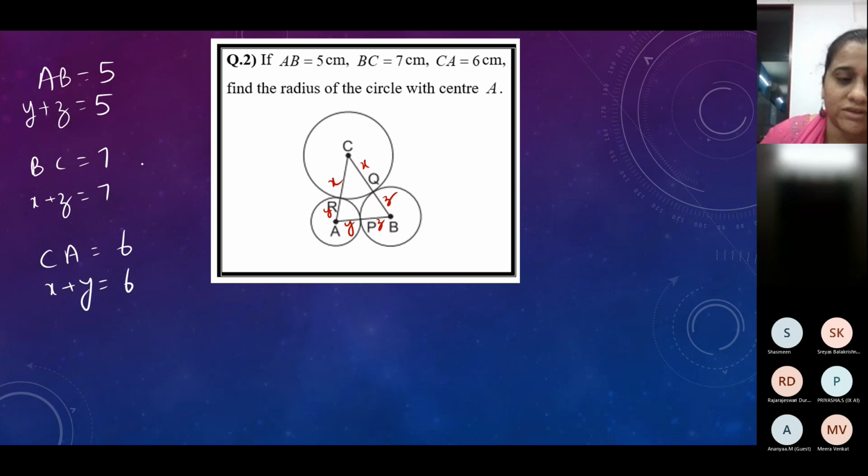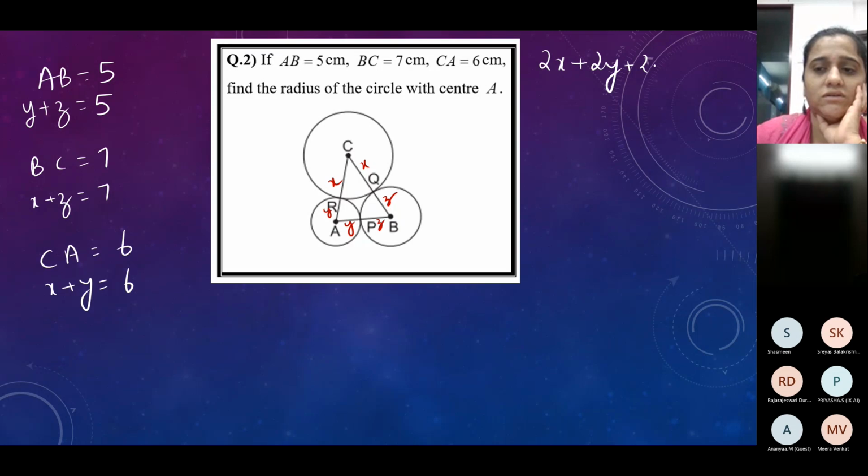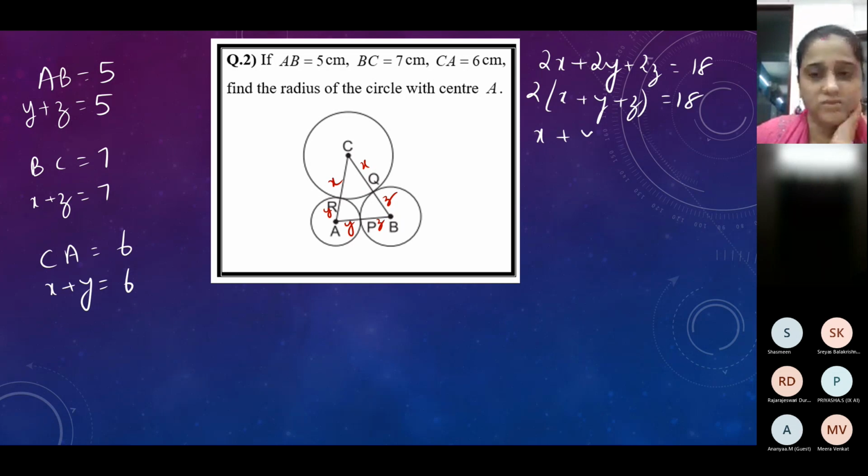Very good. Next. Then we should add everything. What do you get on adding? 2x plus 2y plus 2z is equal to 18. 2 is common, so x plus y plus z is equal to 9.